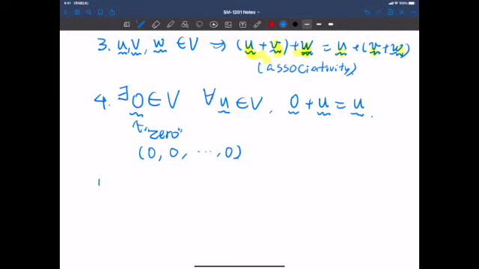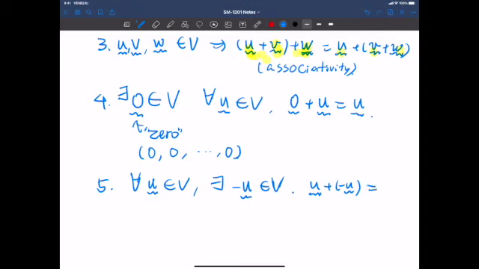And next, for any vector, there is a vector called the additive inverse in that vector space, such that u plus minus u, so minus u is the additive inverse.